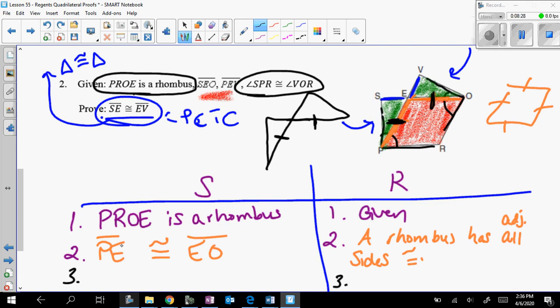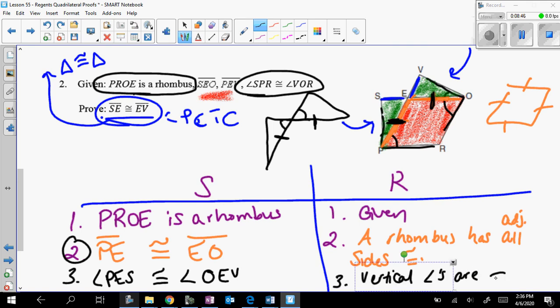Let's not forget the one that we've used so many times. Don't we have vertical angles there? So angle PES, I'm going to use 3 letters, is congruent to angle OEV because vertical angles are congruent. It's a fact that's always true. So look, we've got 2 things, so we need one more.